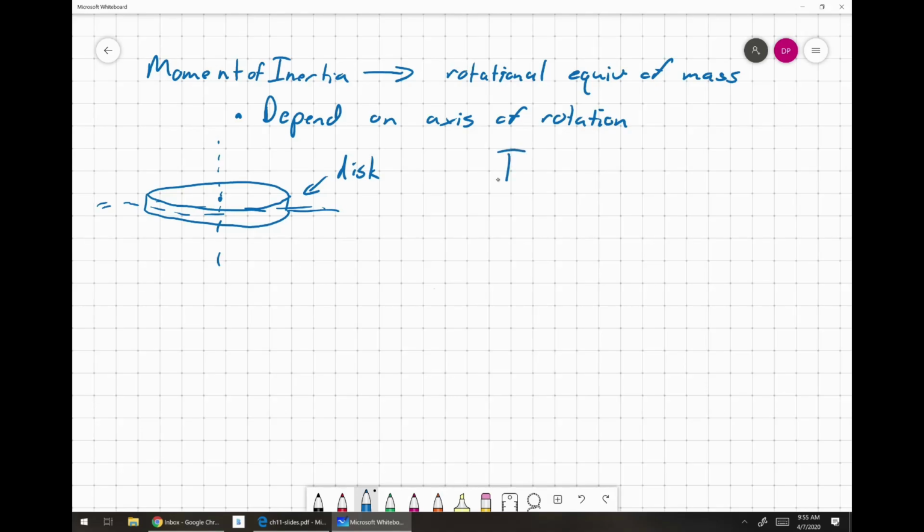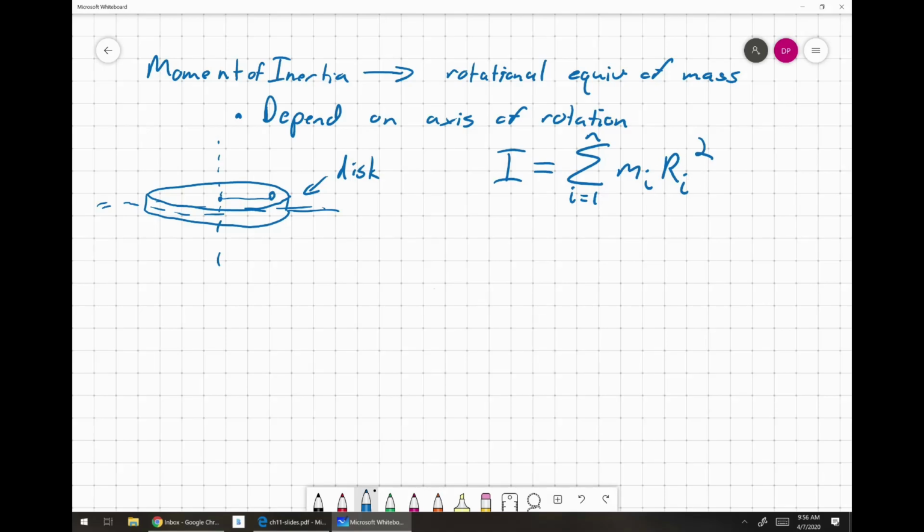And this is because our basic formula to calculate the moment of inertia for some object is that we would sum up from i equals 1 to n, m_i times r_i squared. So if we picture this disk as being made up of a bunch of small little chunks of mass, and then we take the distance of that little chunk of mass, which is this m sub i here, from the axis of rotation, that's our r_i there.